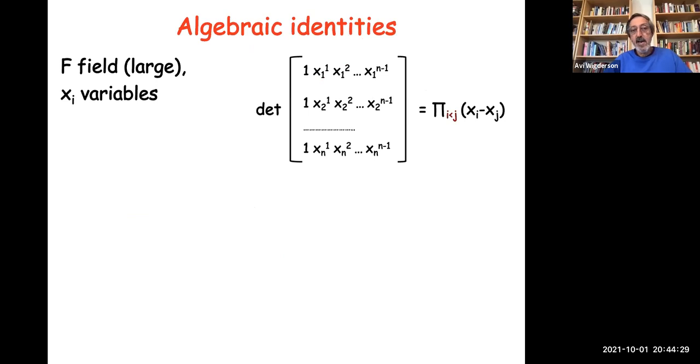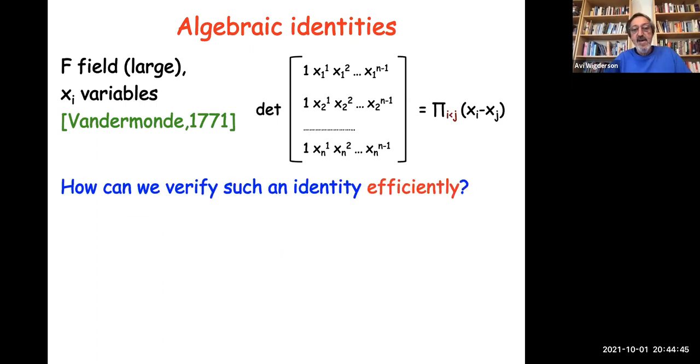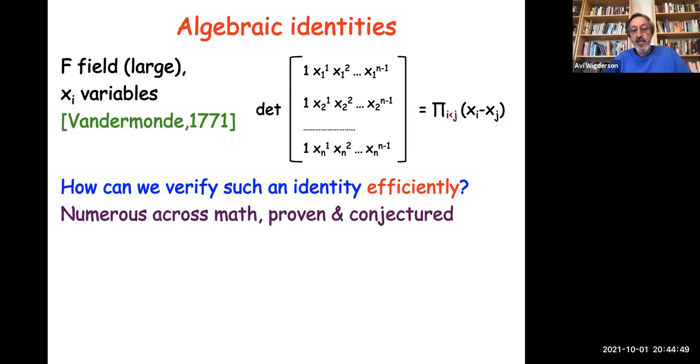Another is that algebraic identities occur all over mathematics. So Vandermonde proved this one. It's not hard to do by induction, but in general, if I gave you a conjectural identity, how can you verify it efficiently? That's a general problem that algebraists encounter.